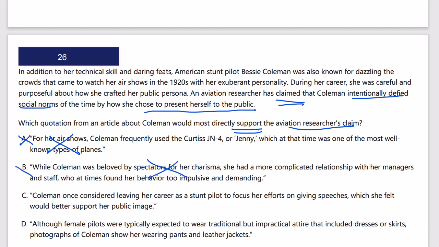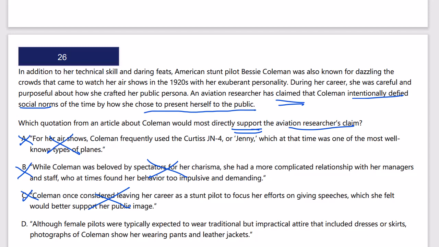That doesn't say anything about defying social norms. C. Coleman once considered leaving her career as a stunt pilot to focus her efforts on giving speeches, which she felt would better support her public image. It says nothing about her using her aviation publicity to defy social norms. That's something entirely separate. It's not about her aviation career there.